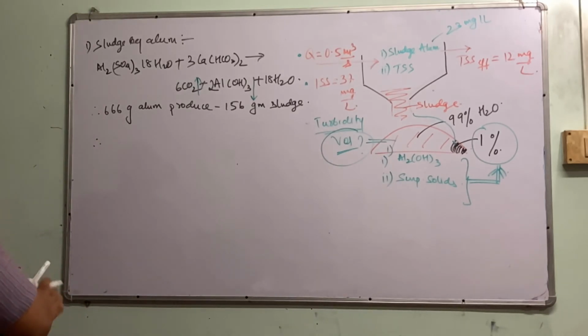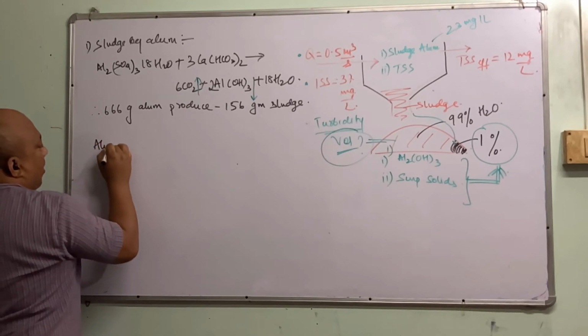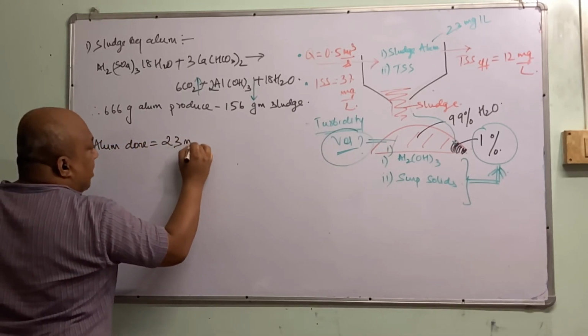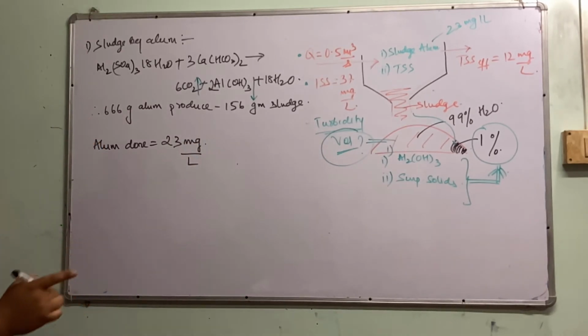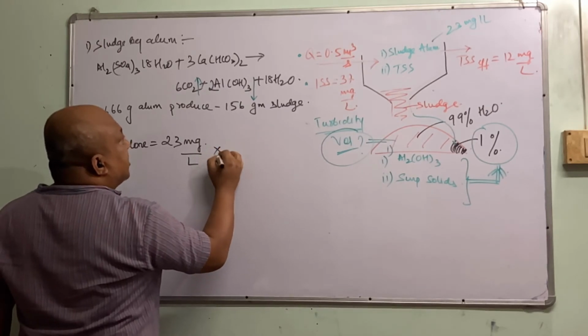Here we are using 23 milligram. Now, alum dose is equal to 23 milligram per liter. So this 23 milligram per liter is used. And what is the discharge?